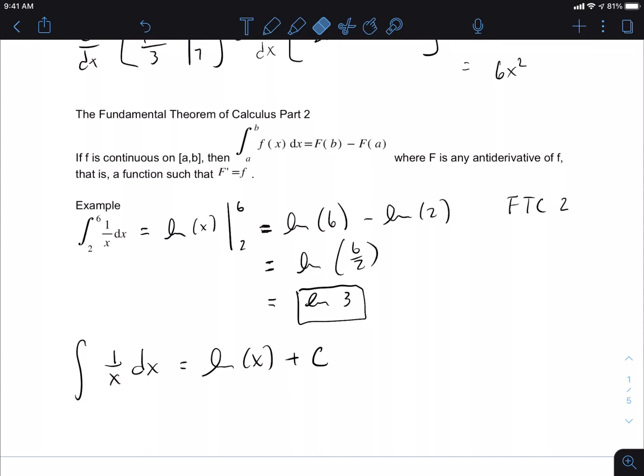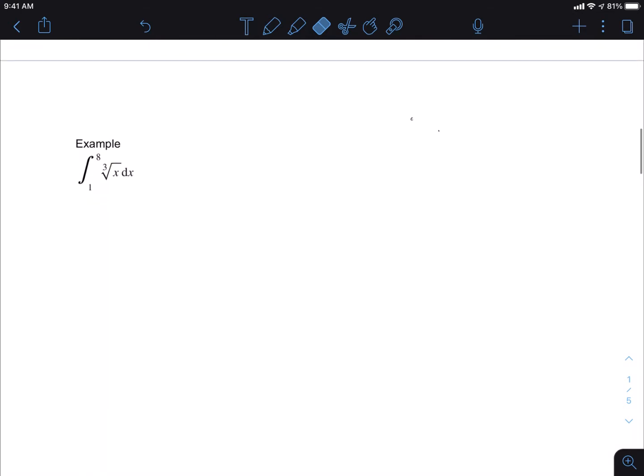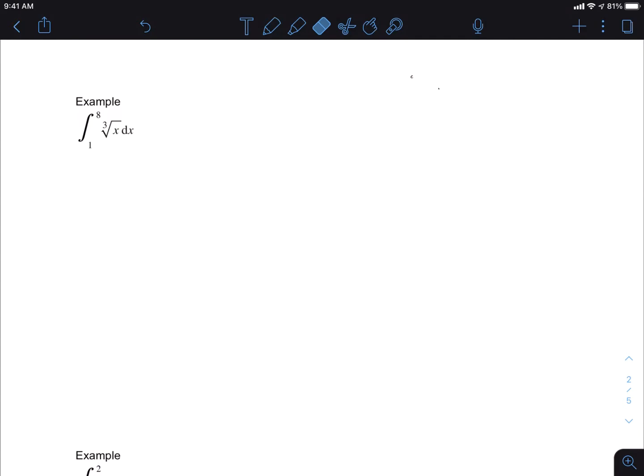All right, so look at this one. We're going to jump. So from here, what's the antiderivative of x, the cube root of x? It's probably too hard to see it that way, so it'd probably be easier for all of you if you saw it like this.